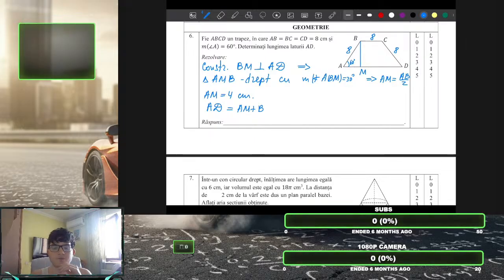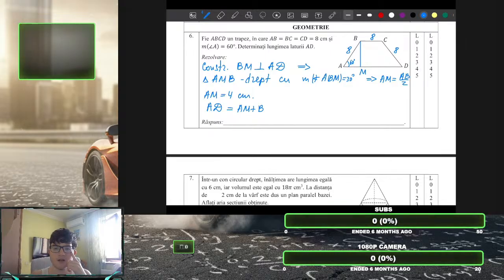If we draw a line down, we can apply Pythagorean to find BM. So BM is going to be the same as C and the line we draw down. Then we can apply Pythagorean there to find out what that is, and then we add them up. That's what I think it is.